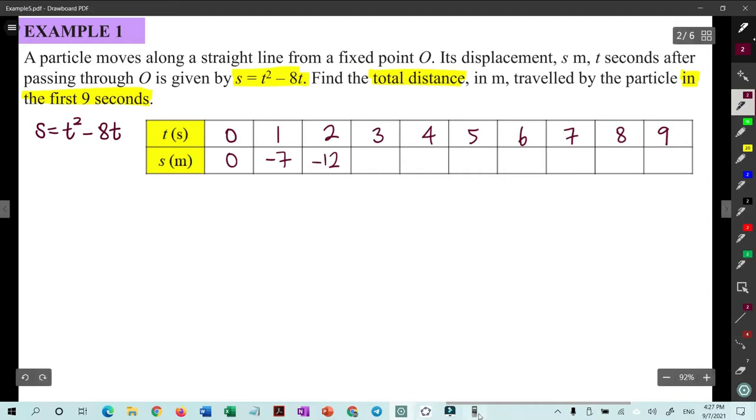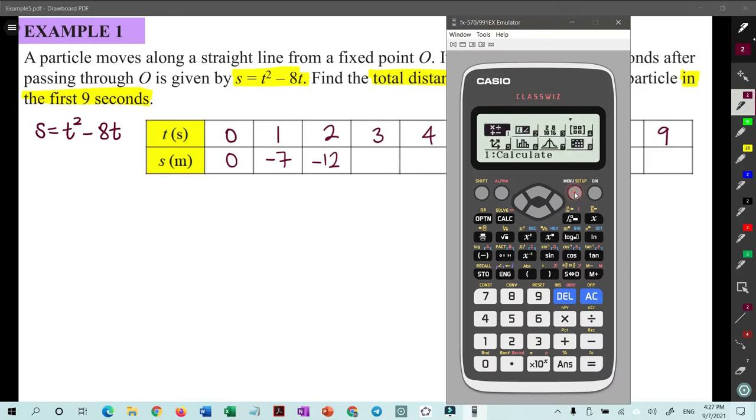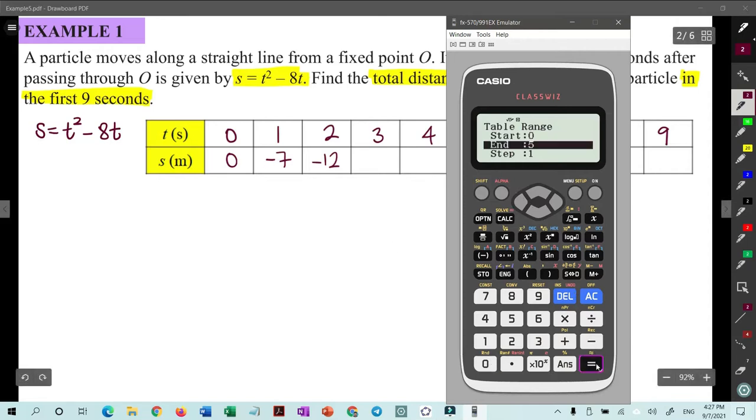So alternatively, we can use the table function in the calculator. Menu, look for table. So press number 9, key in the function x square minus 8x. Enter. This part here you just skip. Start with 0. The first value of t is 0, so we start with 0 and end with 9.